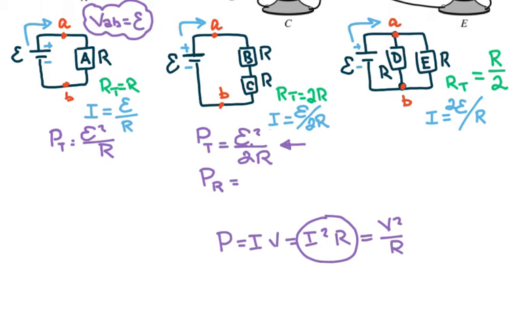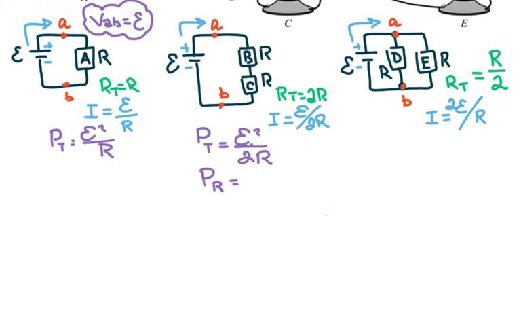So in this case, for I squared, I have EMF divided by 4R squared. That's going to be I squared times the resistance.